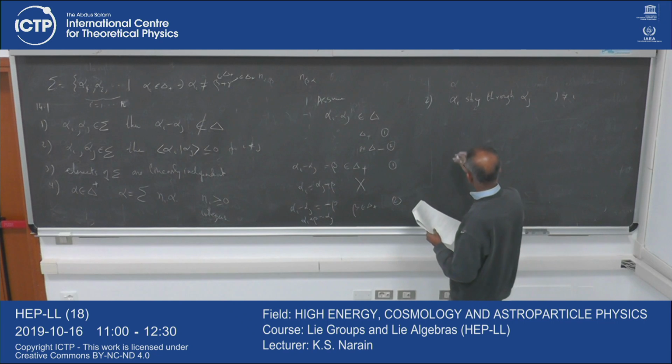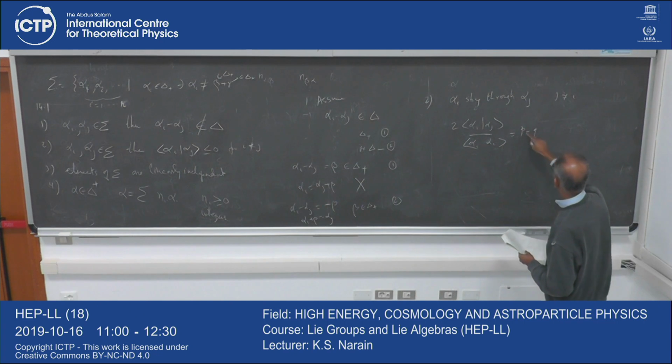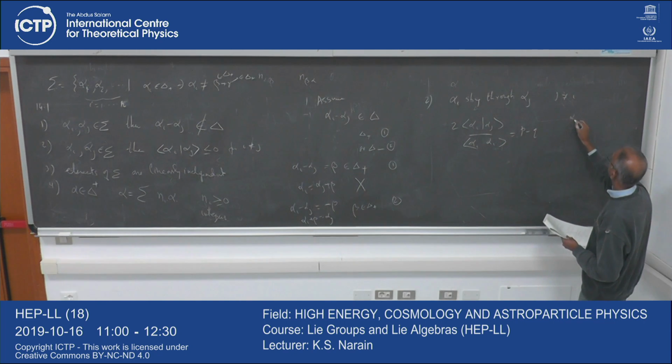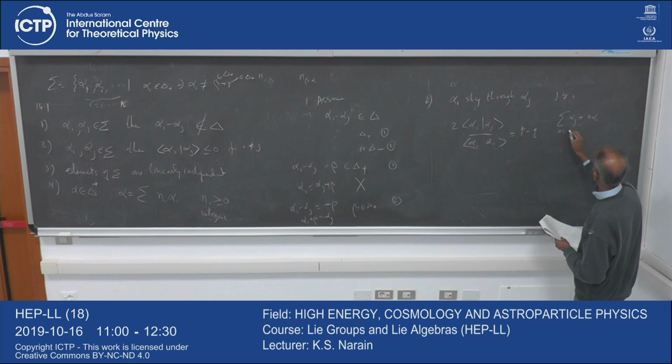So in this case, remember this formula, 2 (alpha i, alpha j) divided by (alpha i, alpha i) equals P minus Q, where P and Q come from the string alpha j plus n alpha i, n going from minus P to Q, right?